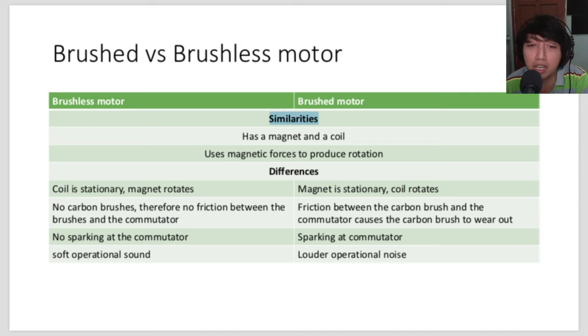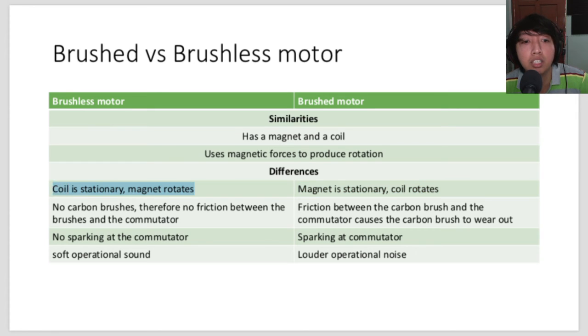The similarities: both use a magnet and a coil, so both are using the exact same concept, and both use magnetic force to produce rotation. Now the differences are, and this is interesting. For a brushed motor, we saw that the magnet is stationary and the coil is rotating.